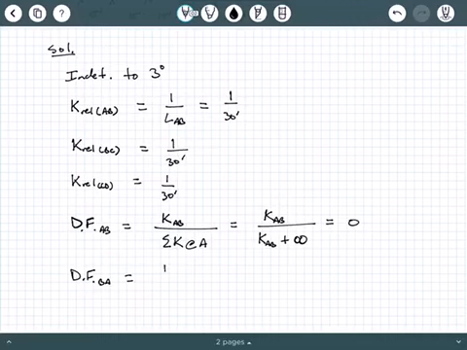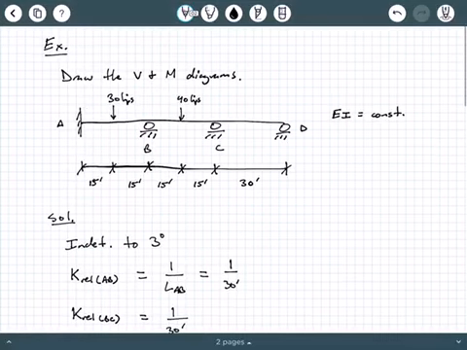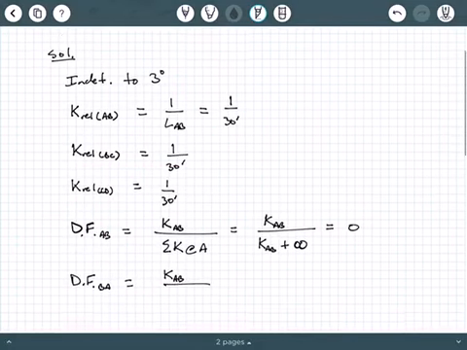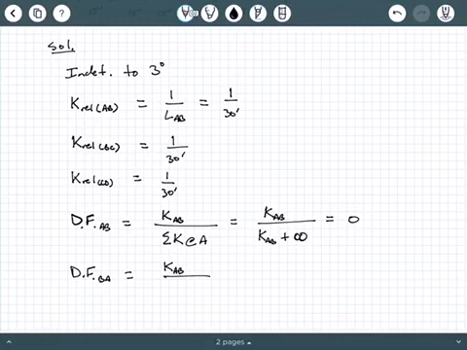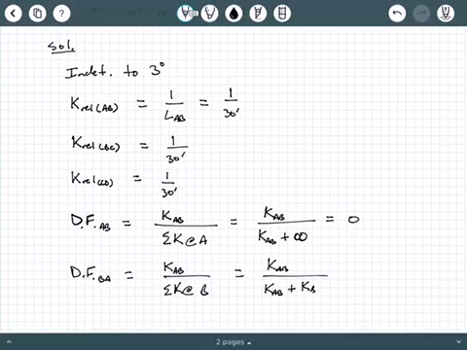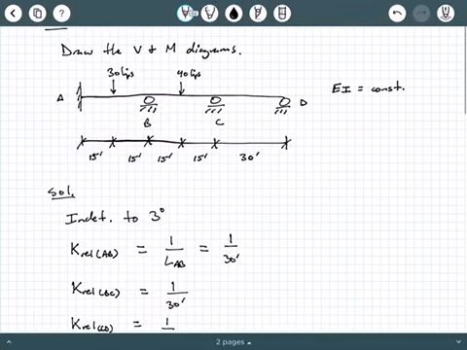Then we're going to have a distribution factor BA. Now we're still in the span AB, so the numerator is still KAB. Remember, we're still in the span AB, but it's like we're infinitesimally to the left of B. So what all's coming in at B? We would say sum of the stiffnesses at B. So it's KAB divided by KAB plus KBC, right?